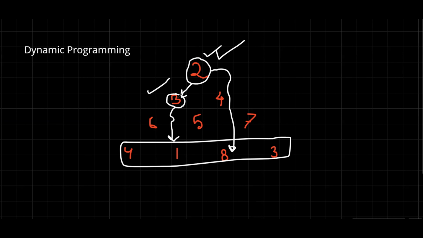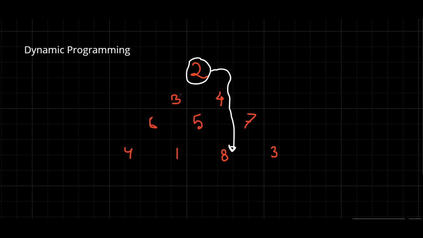Now try to understand whether this problem has overlapping subproblems or not. Suppose currently we are at this top position 2, and from 2 we can go to either this value 3 or this value 4. Suppose we are currently at the value 3. From this 3, we can go to either this 6 or this 5.